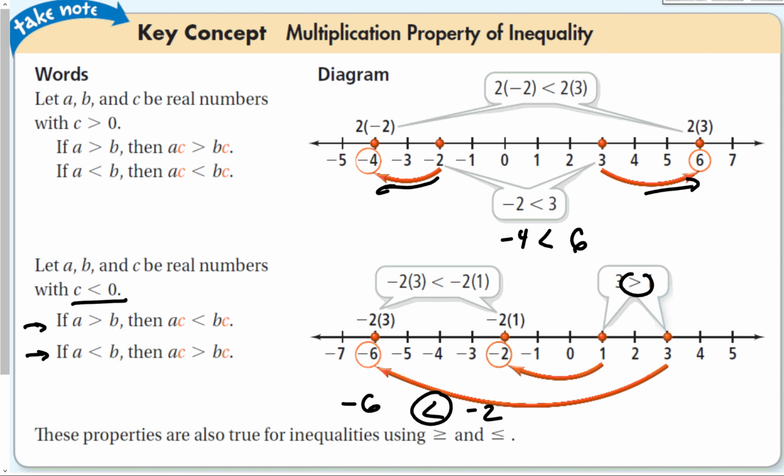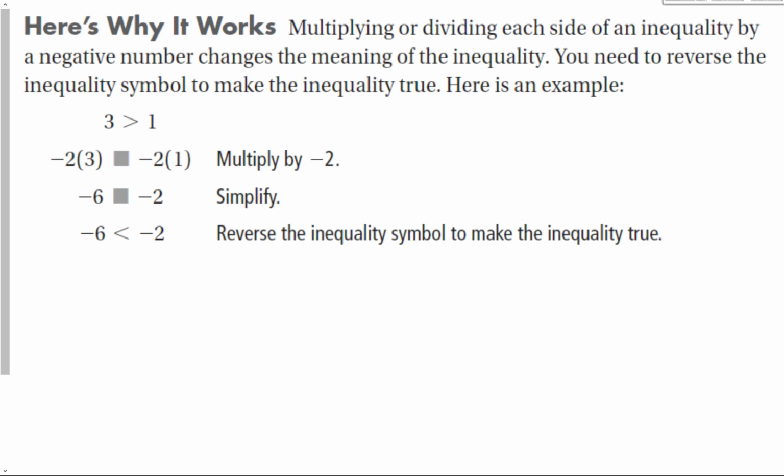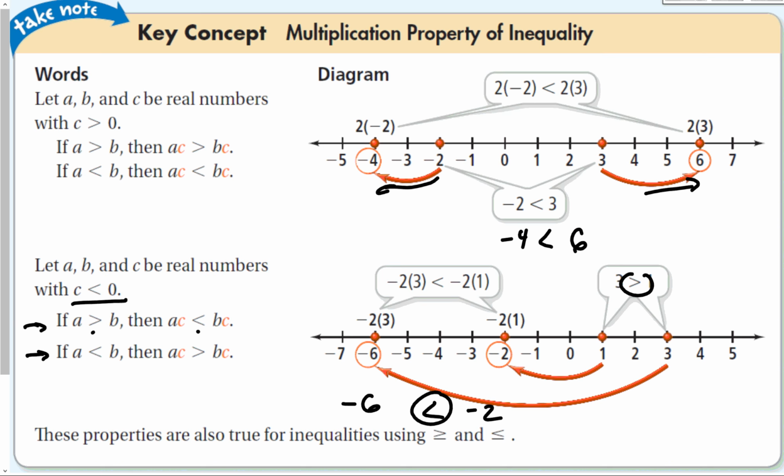If A is greater than B, then A times C is less than B times C. The inequality sign changes direction. This only happens when you are multiplying by a negative number or dividing, and we'll get to that in a little bit.